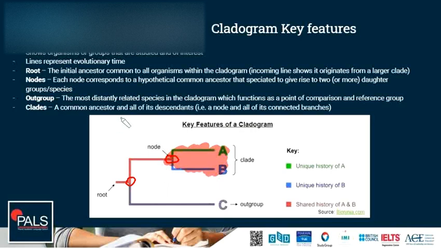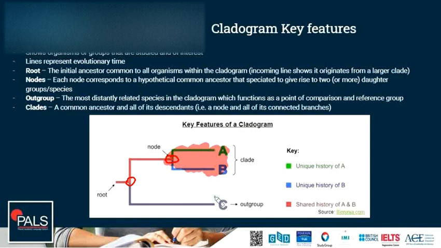The outgroup is the most distantly related species in the cladogram, which usually functions as a point of comparison or reference for the other groups or for the other clades. It's the most distantly related group or species.